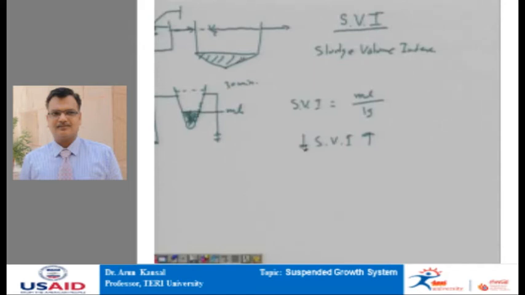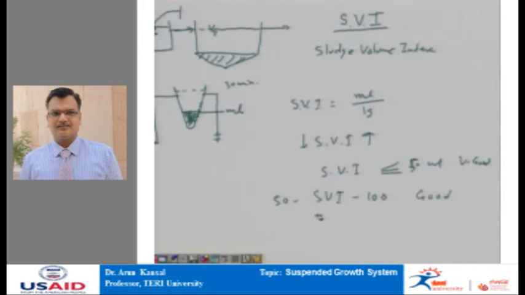So, broadly for the purpose of operation, we consider that if the SVI value of any sludge is less than or equal to 50 ml, this is a very good quality sludge. If the value of SVI is in the range of 50 to 100, it is called good quality.